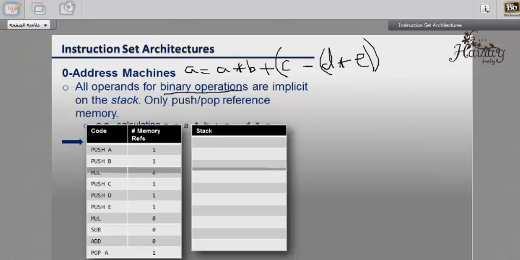I will explain this more. Also, in the zero address machine, we have terminologies called push and pop. Push indicates we have load. We need to load or input, and pop is for output. Okay, pop, show me the results.